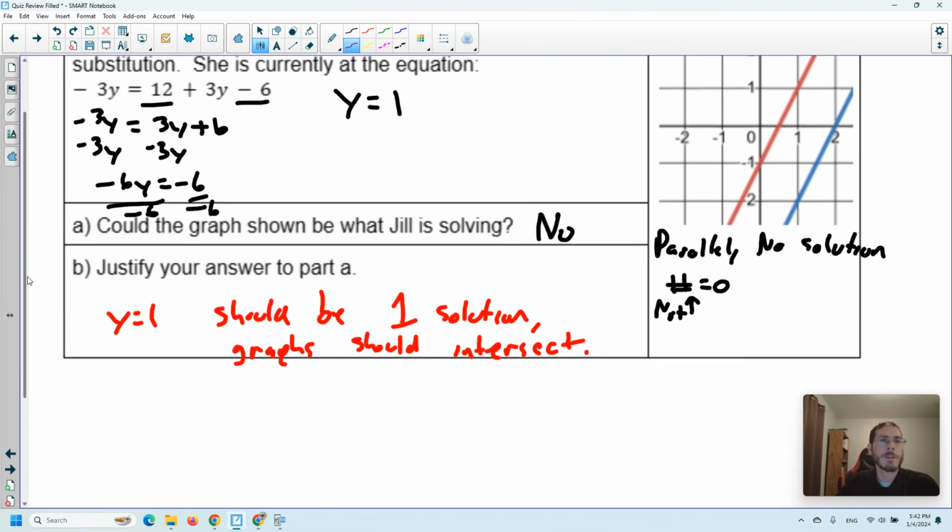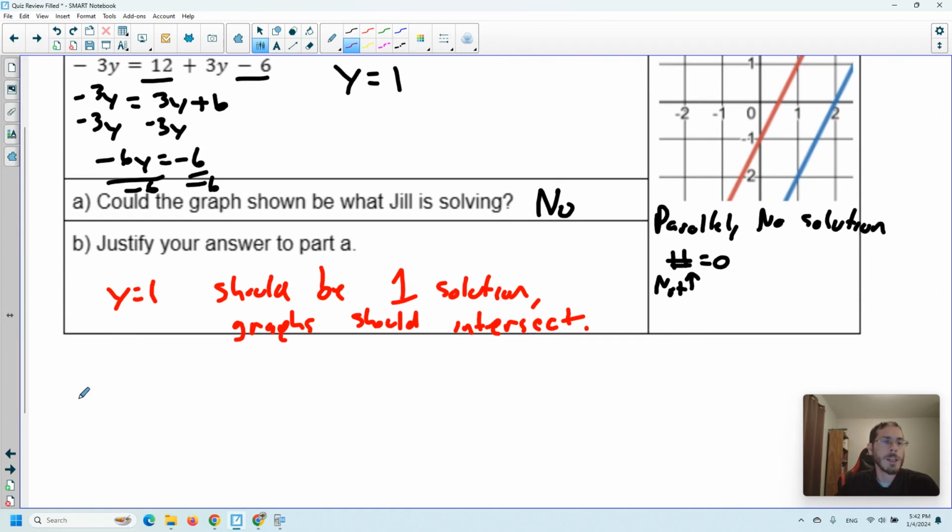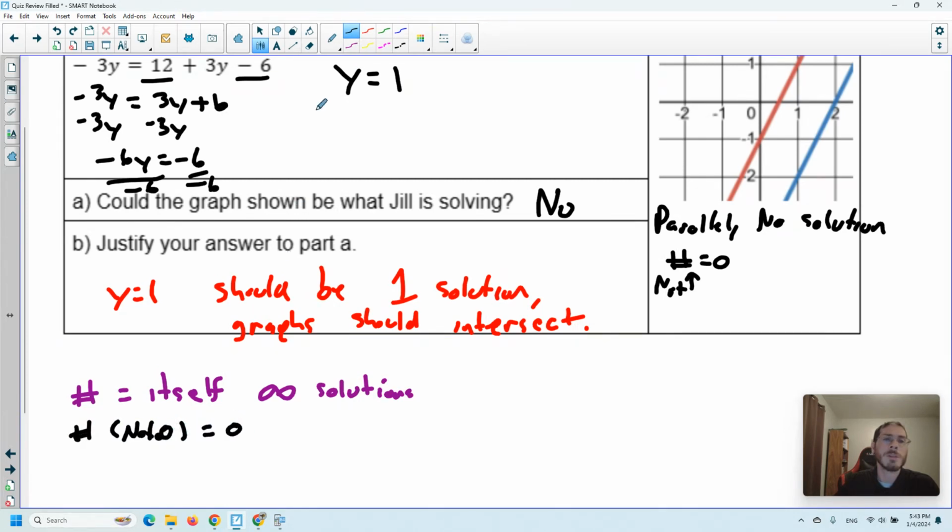So just for reference, just to remind everybody, if we get a number equal to itself, that's when we have infinite solutions. If we get a number that is not 0 equal to 0, that's when we have no solutions.